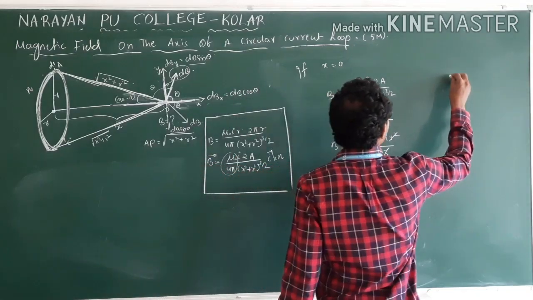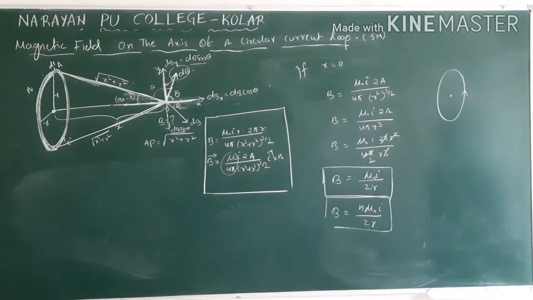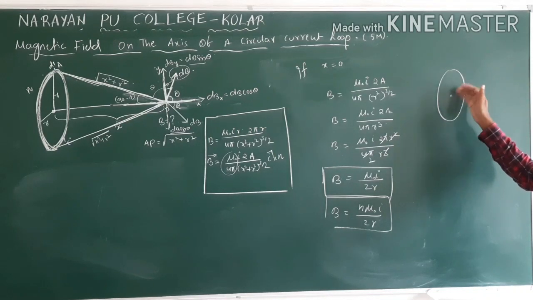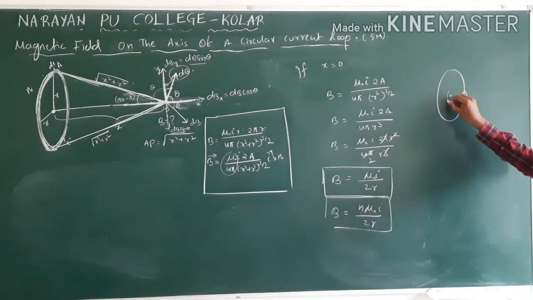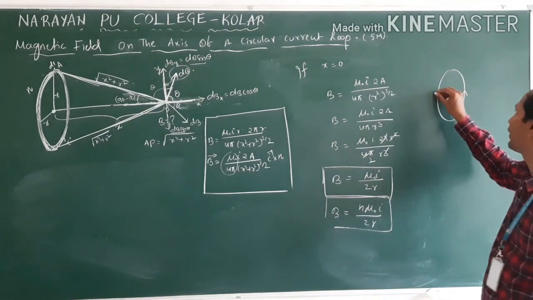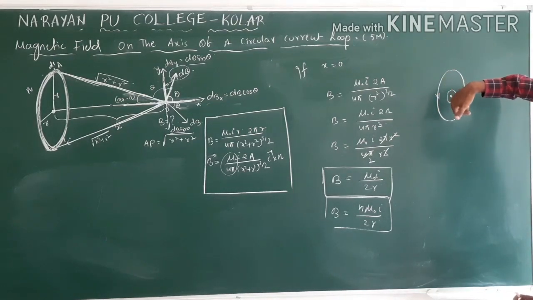Then how do we decide the direction? Suppose current moves like this. The direction of the field at the center: clear? Take the right hand, keep the thumb, curl the fingers. Then it is coming out of the board. So dot component. Same current is here. Thumb, curl this, coming out.